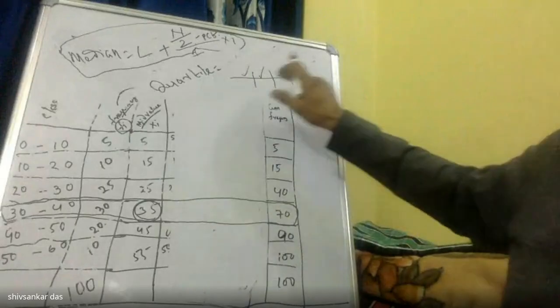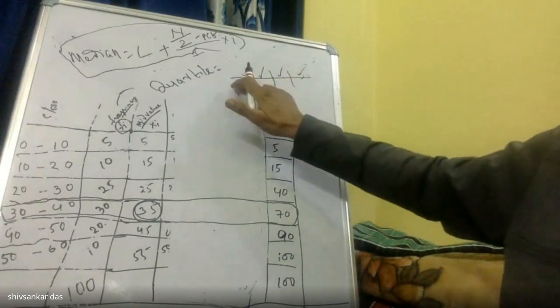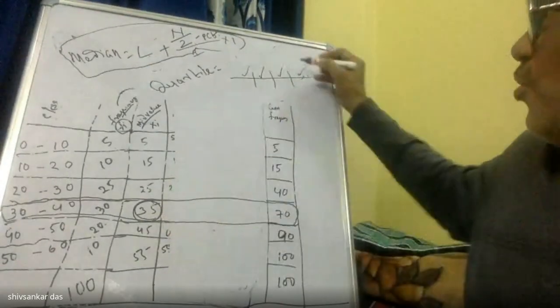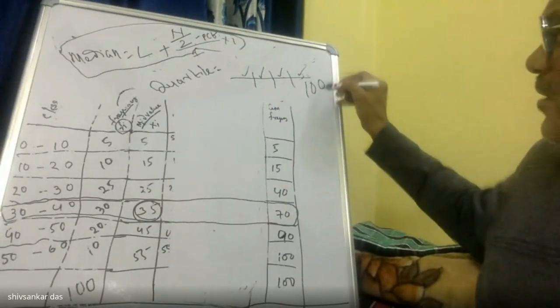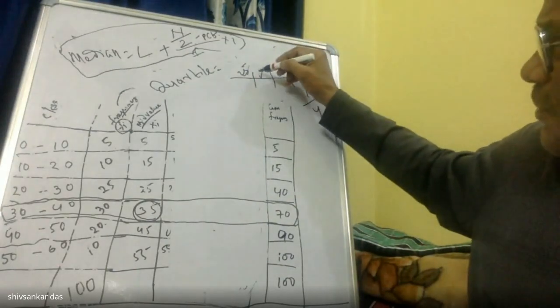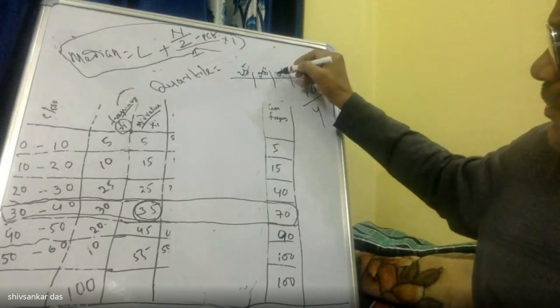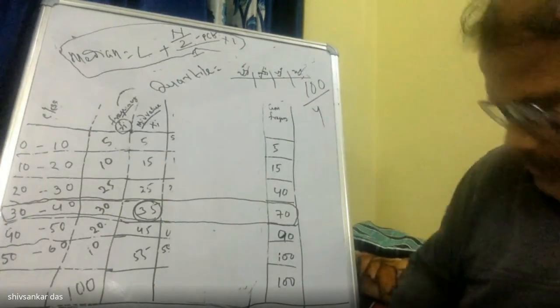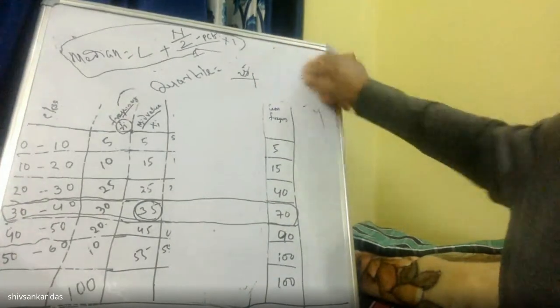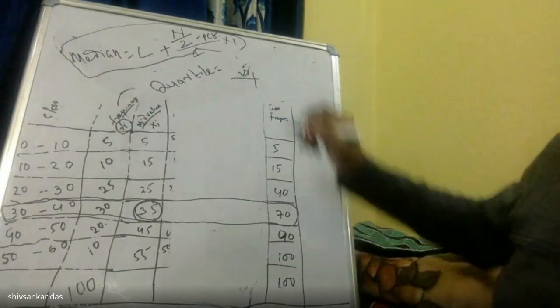So in the case of quartile, I made 4 equal divisions. That means 100 divided by 4, which is 25, 25, 25, 25. Or I can say, if I take it cumulatively, it will be 25.